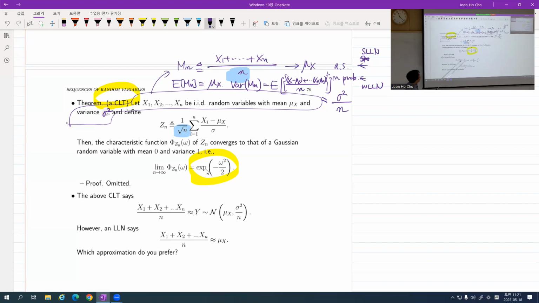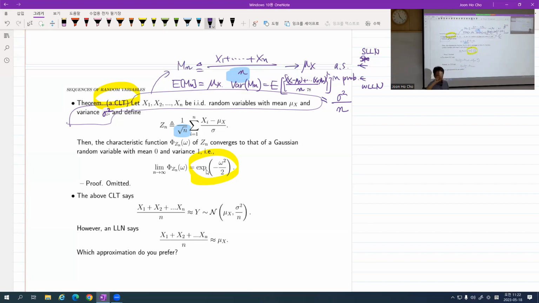Okay? And now let's consider the limit of the mean. What is that? Mu sub x. What is the limit of the variance? It's 0. So the random variable m sub n has mean mu sub x. However, its variance becomes smaller and smaller. And it makes sense because this converges to a constant, right?